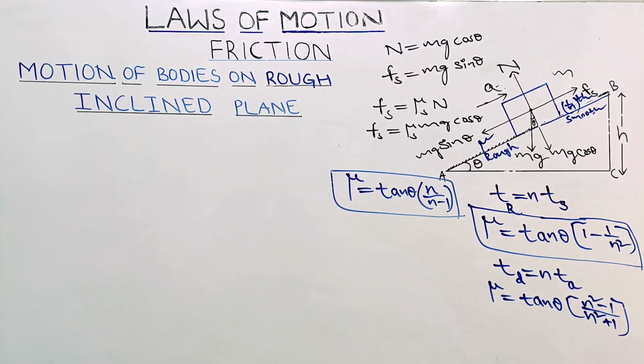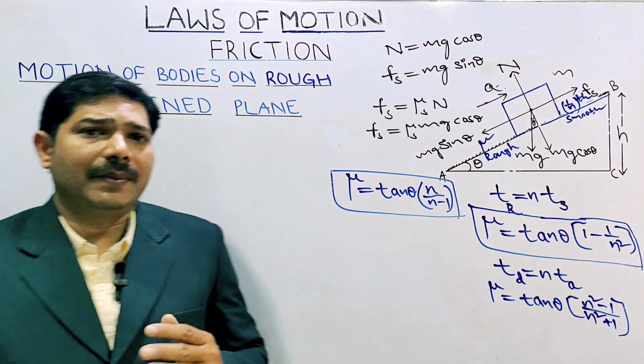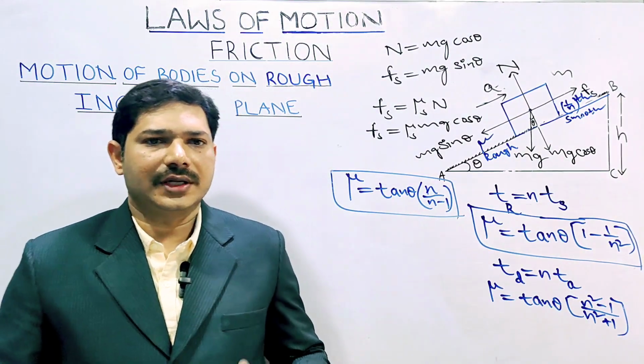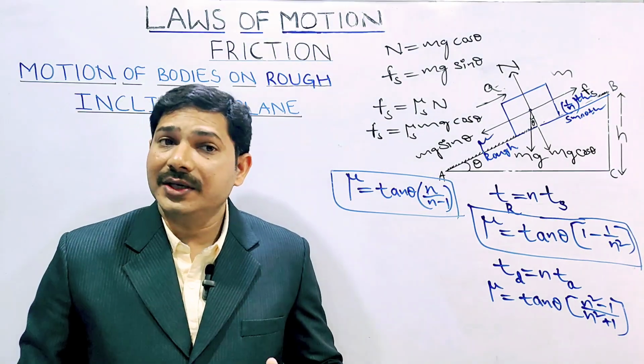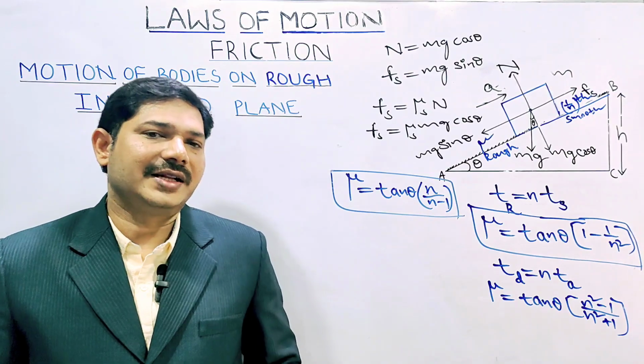Take from the screen. The minimum force required to move a body up an inclined plane is 3 times the minimum force required to prevent it from sliding down the plane. The coefficient of friction between the body and the inclined plane is 1 by 2 root 3. The angle of the inclined plane is how much? When the body is sliding up, the force is 3 times that taken while sliding down.